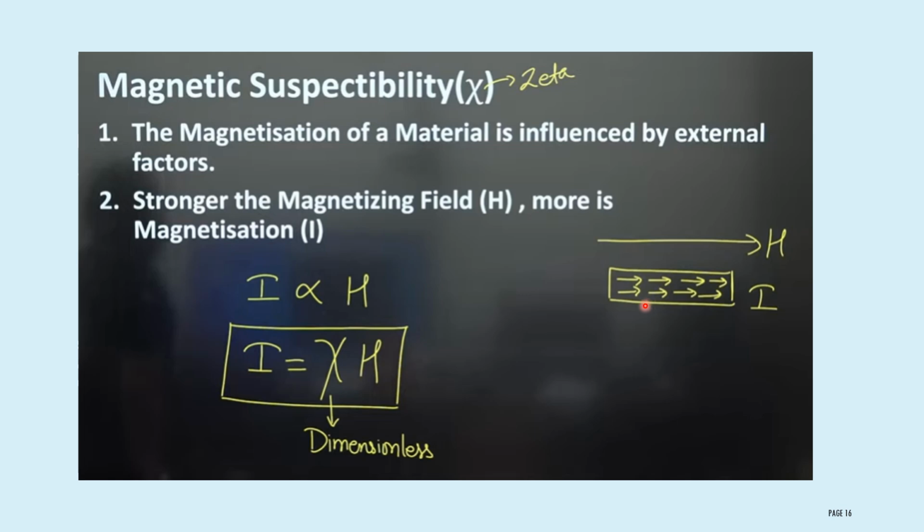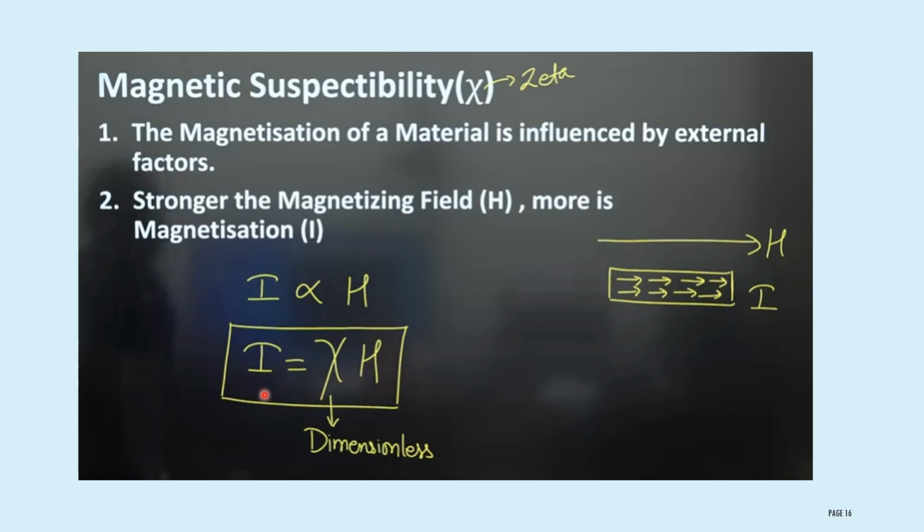The alignment will be more if you apply a stronger magnetic field. Therefore I will be directly proportional to H. If you remove this proportionality, you have to use a constant, which we will call zeta. Then I will be equal to zeta into H.